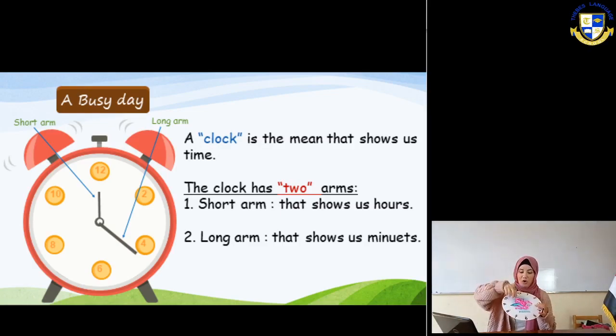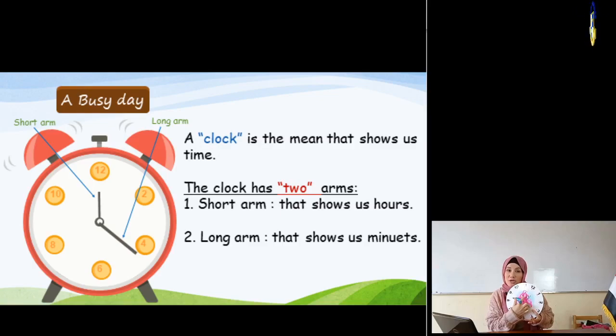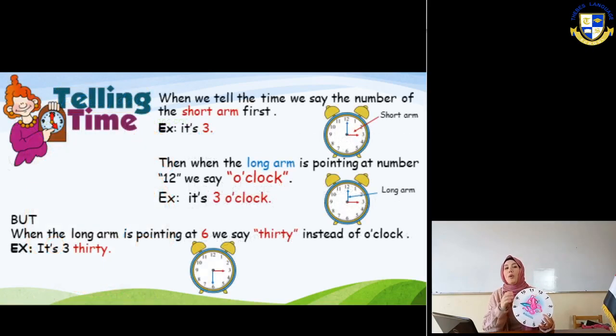The clock has two arms, a short little arm and a long arm. The short arm shows us the hours, but the long arm shows us minutes. So short for the hour and long for the minutes. Okay? Next slide. When we tell the time, we say the number of the short arm first.